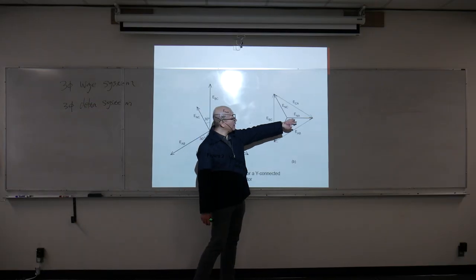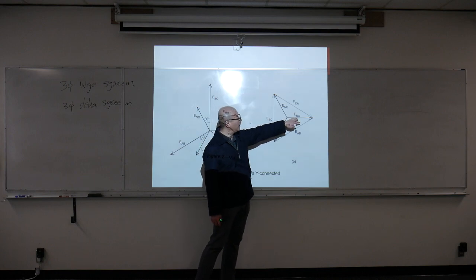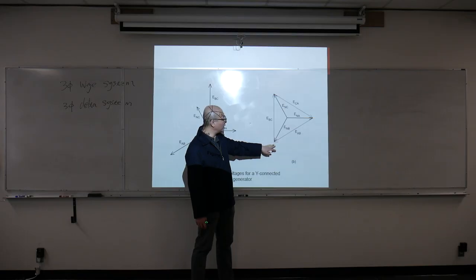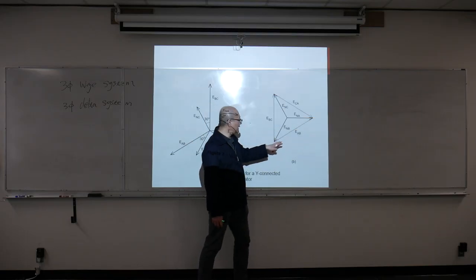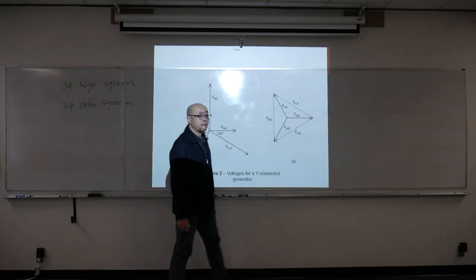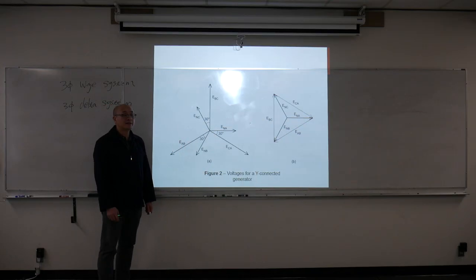We have a three-phase voltage from the neutral or common point to A, B, and C. Then we have three line voltages, between A and B, between B and C, and between C and A. That's the relation between phase voltage and line voltage.